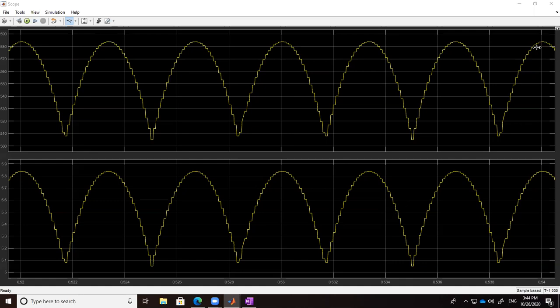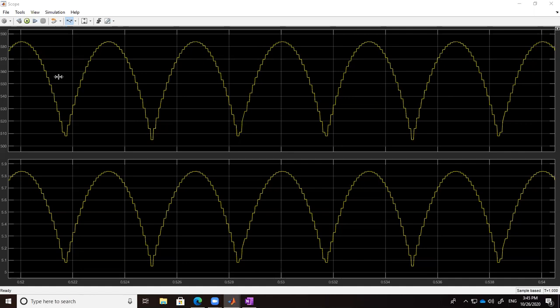No, Akash, it's not 7, it is 6. So there are 6 such cycles in one fundamental period, right? And that is the reason we call it a 6-pulse rectifier. A 3-phase bridge rectifier is also known as a 6-pulse rectifier.